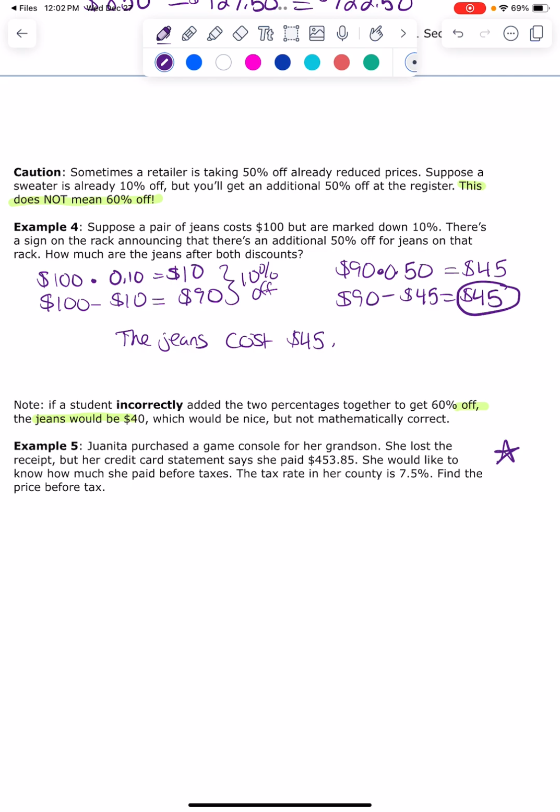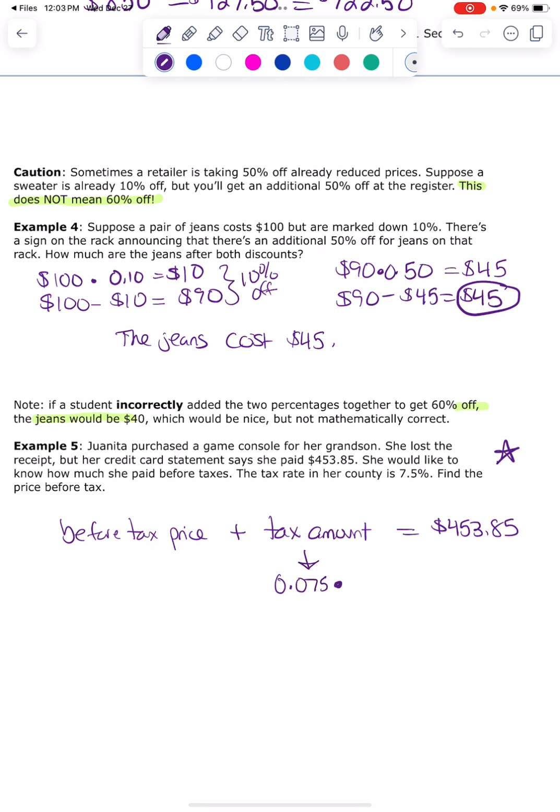So you have the before tax price, and then you add the tax amount, and that equals the total, which we know is $453.85. And we know that the tax would be 7.5%, so 0.075 times the before tax price.